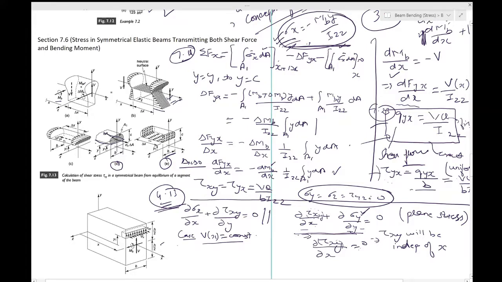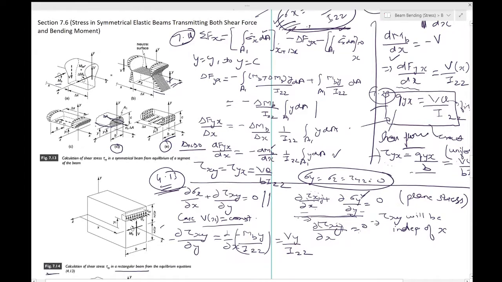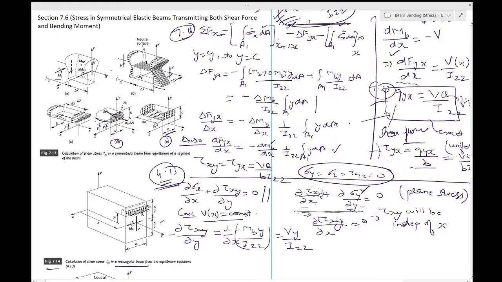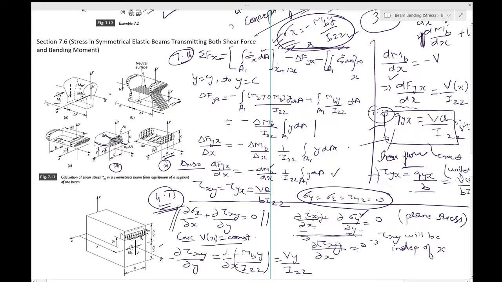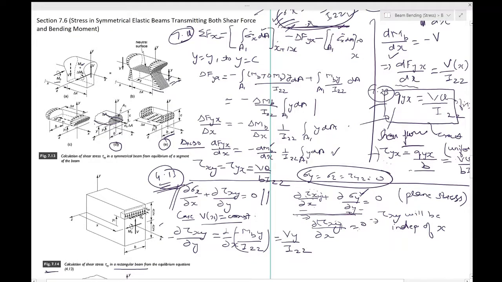So you would write dou tau xy by dou y minus is equal to dou by dou x of sigma x. What is sigma x? It is minus Mb y by Izz. This is equal to Vy by Izz. After you substitute this 7.16 in the first of the equilibrium equations, you get this particular term, which is 7.26 in your textbook.